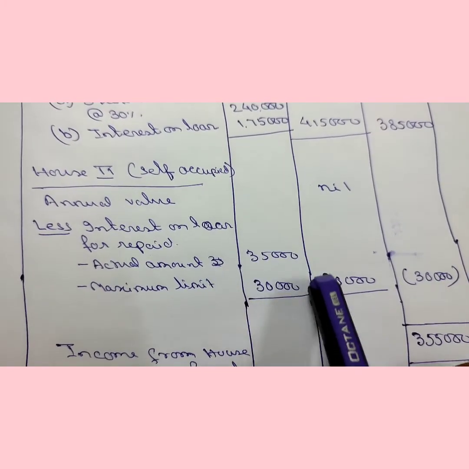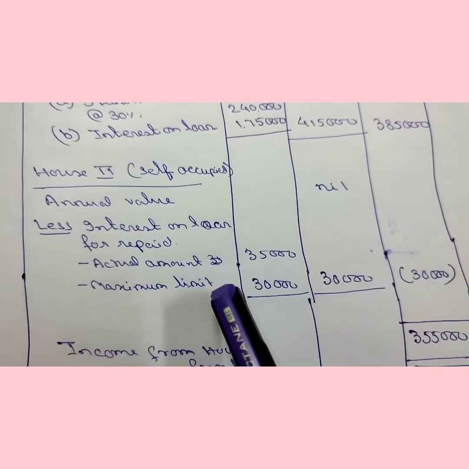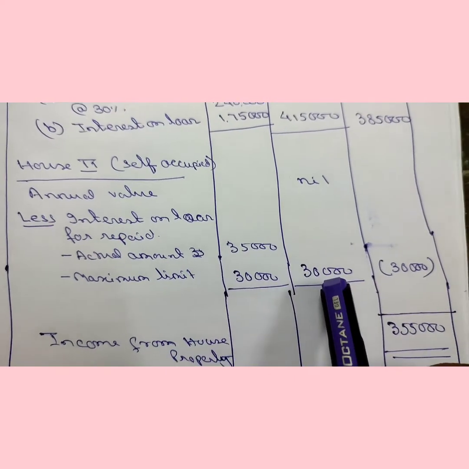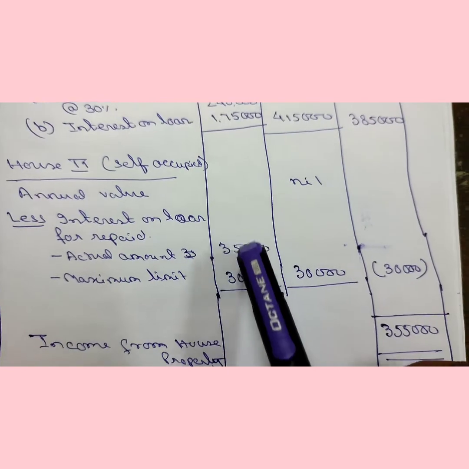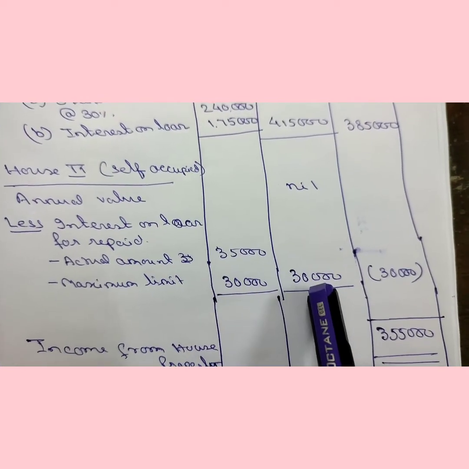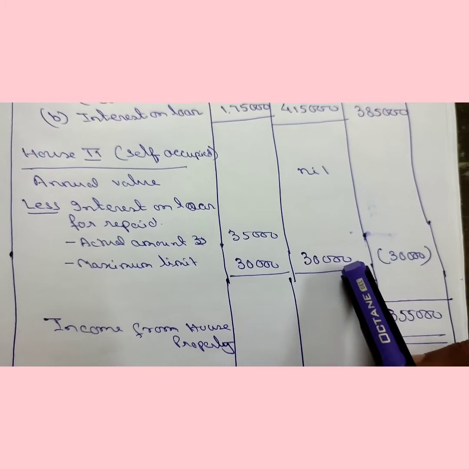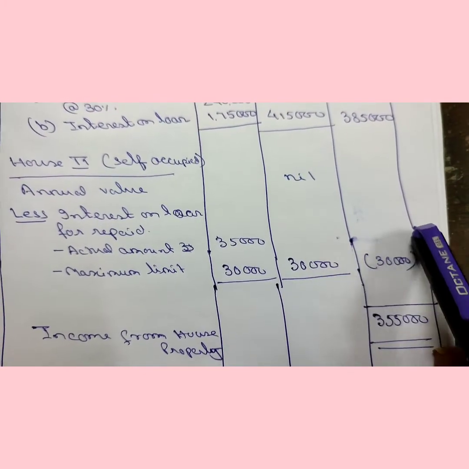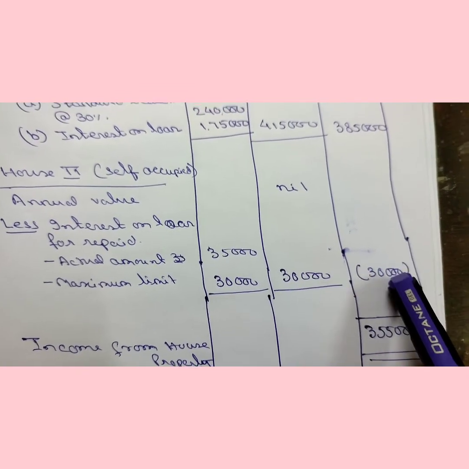So the deduction will not exceed the maximum amount, so the maximum limit will get deduction here. He has paid 35,000 but he will get deduction for 30,000. Now from 0 he is getting deduction of rupees 30,000. So his income from house property is negative 30,000 for the second house.